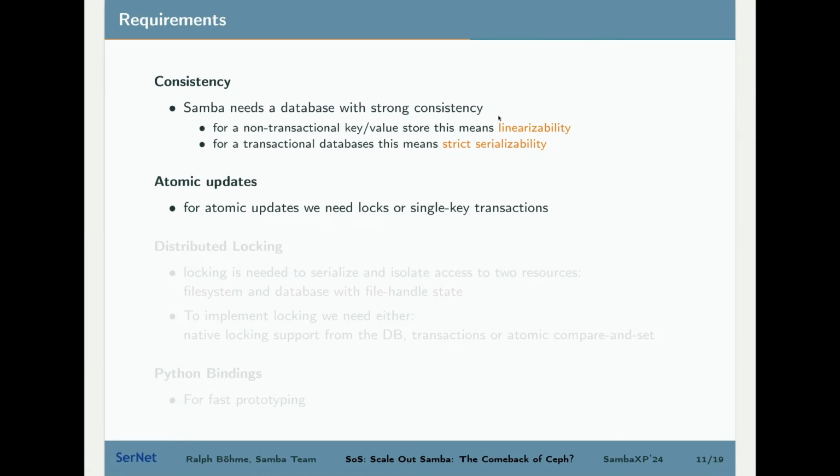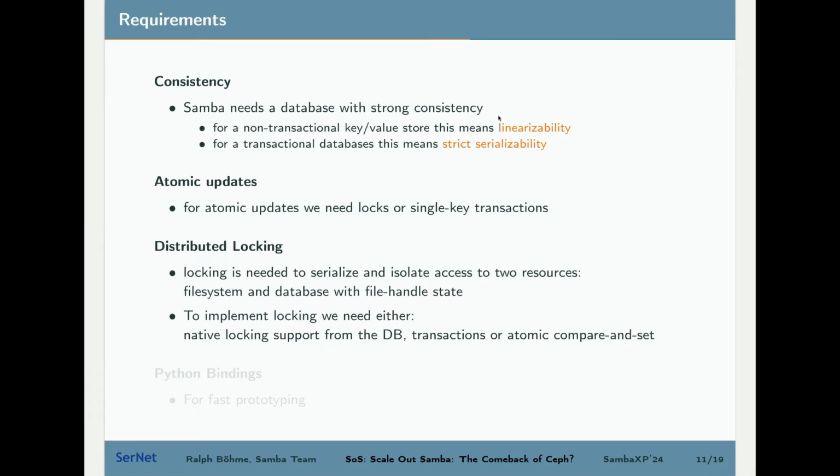We need atomic updates. We need distributed locking. We need this to serialize and isolate access to two resources, file system and database.